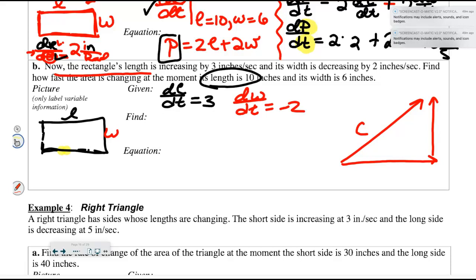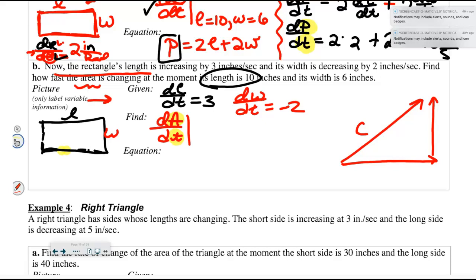All right? And you don't need to put the labels in the given. It's just to get your stuff in a group. The label comes at the end. You can put them on if you want, but then it says, how fast is the area changing this time? So I'm looking for dA dt, and I'm going to call it dA dt so I realize when I'm done I found the area. If I'm looking for dA dt, you can anticipate what my answer's label is going to be.